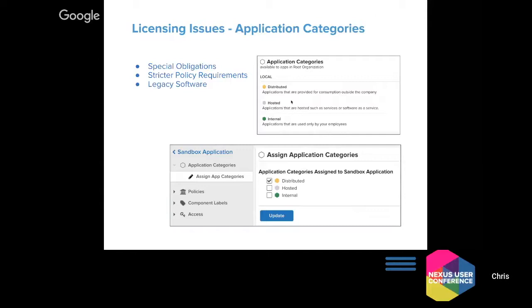When you're actually assigning them to an application, you can assign one or more or none. So you have a lot of flexibility in how that's configured. One best practice regarding the application categories is to not go crazy creating lots of categories for everything under the sun. While they can be useful for tagging applications with organizational metadata, too many categories may get difficult to manage in the long run, and they won't really provide much value to your teams.